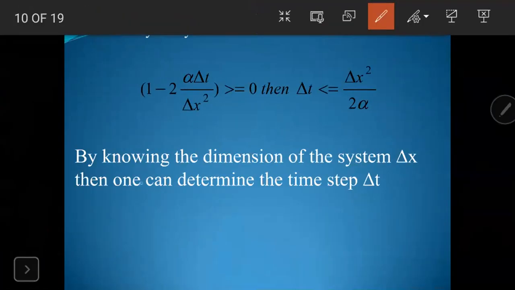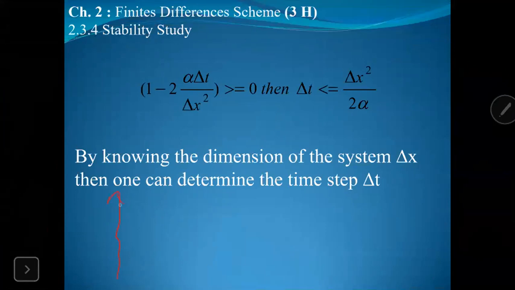Okay, طلعوا. If delta t is bigger than this value, then I will see a curve like this. Then we have a non-stability here. If delta t is a little bit equal to this value, then I will see a curve like this.